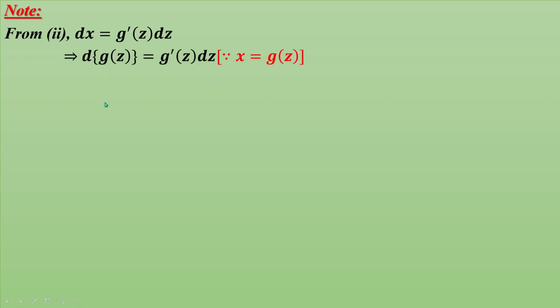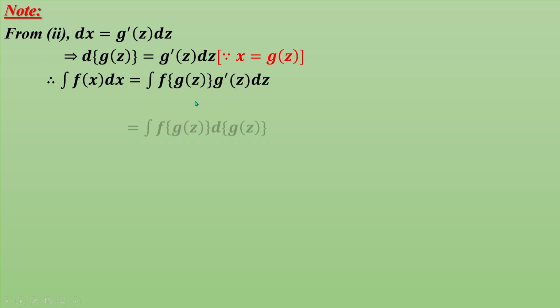That means this is the theorem before. And this part we can write as the integration of f of g of z into d g of z. That means this and this are the same. After calculating, this part is equal to g prime z dz.